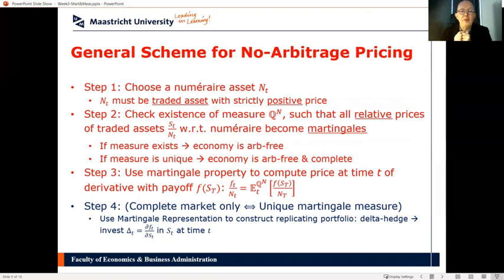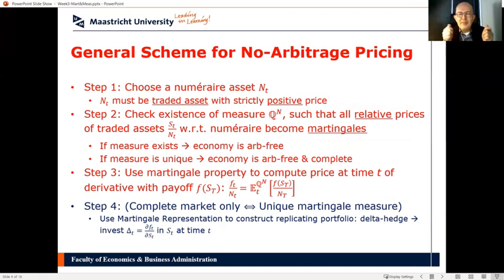If I have chosen my numeraire asset, I can then check the existence of a martingale measure. And how does that work? You see that the measure has a superscript N, so the choice of measure belongs to the choice of numeraire.